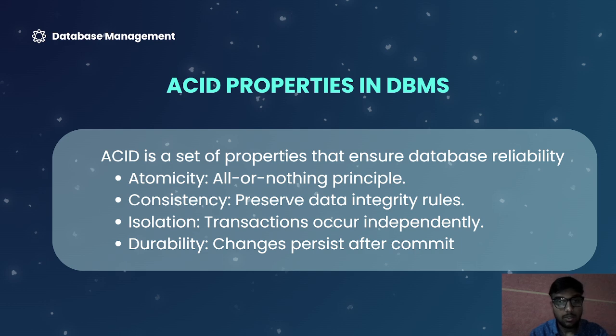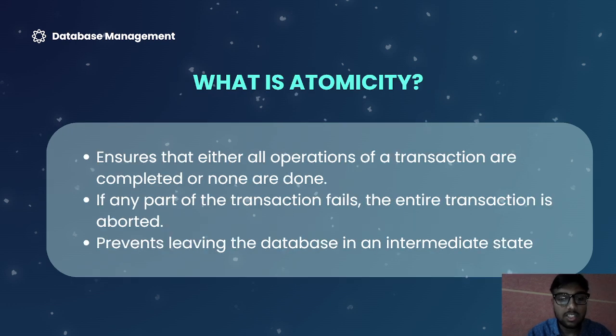So keep in mind that atomicity means all or nothing, मतलब सब कुछ या कुछ नहीं. Consistency means it preserves the data integrity rules. Okay, so let's break down atomicity. Imagine you are withdrawing cash from an ATM.